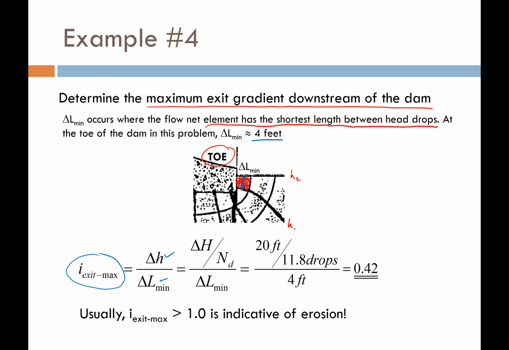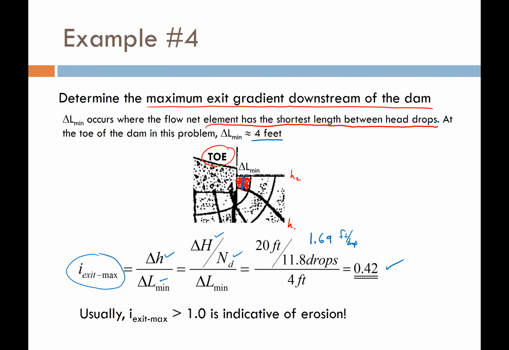And going from head 1 to head 2, that is the total head loss divided by the total number of drops on my flow net, which was just that 1.69 feet per drop we computed earlier, divided by 4 feet. That's going to give me my 0.42 as my maximum exit gradient.